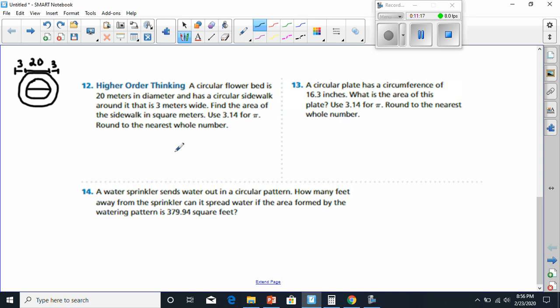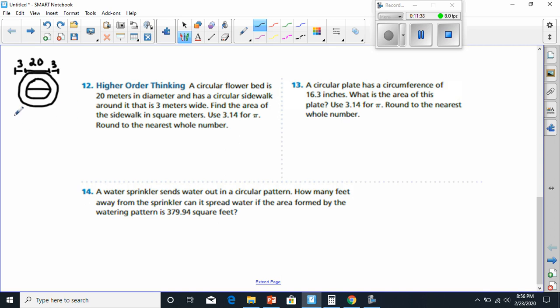So what we're going to have to do is find the area of the sidewalk with the flower bed and then subtract the area of the flower bed in order to find just the area of the sidewalk. Let's see if we can do that. Well, 20 plus 3 plus 3 makes 26.